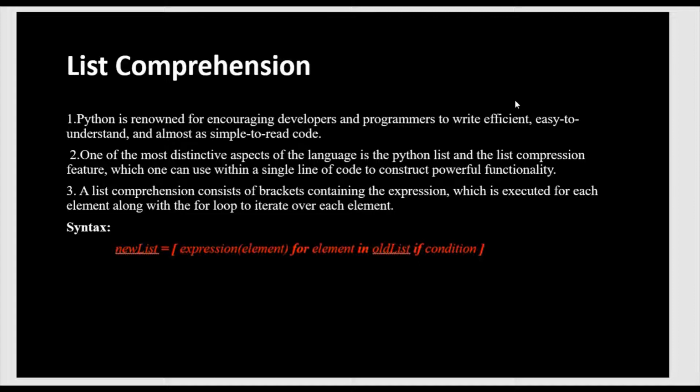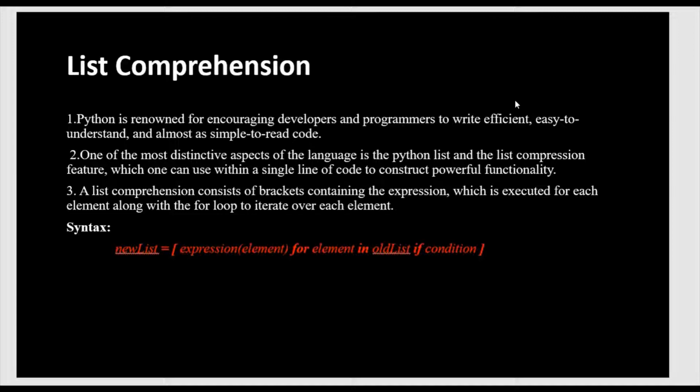One of the most distinctive aspects of the language is the Python list and the list comprehension feature, which one can use within a single line of code to construct powerful functionality. A list comprehension consists of brackets containing the expression which is executed for each element, along with the for loop to iterate over each element.